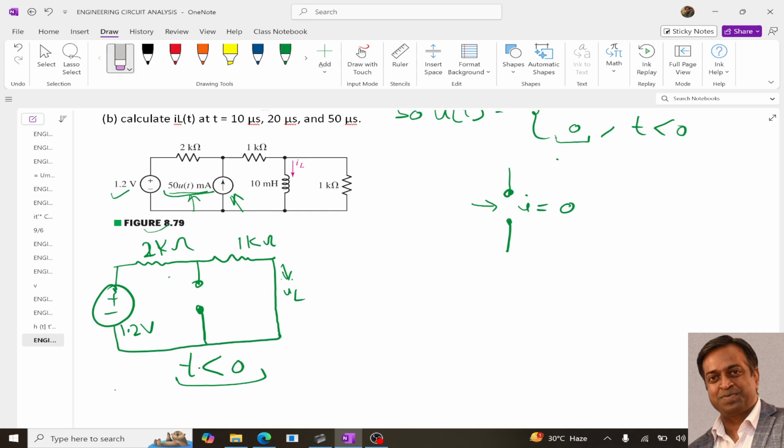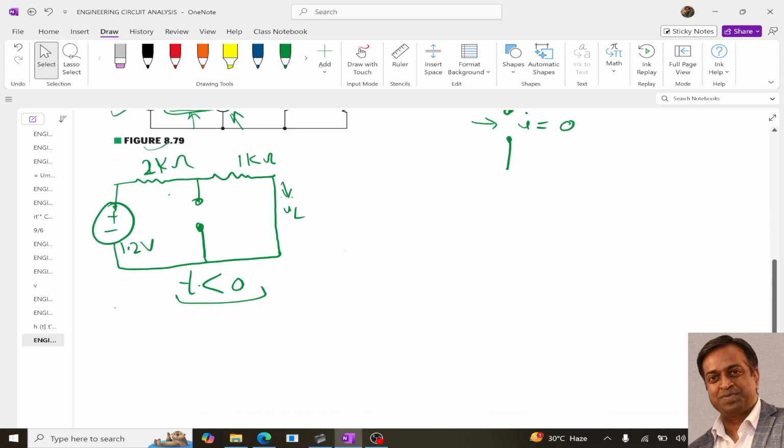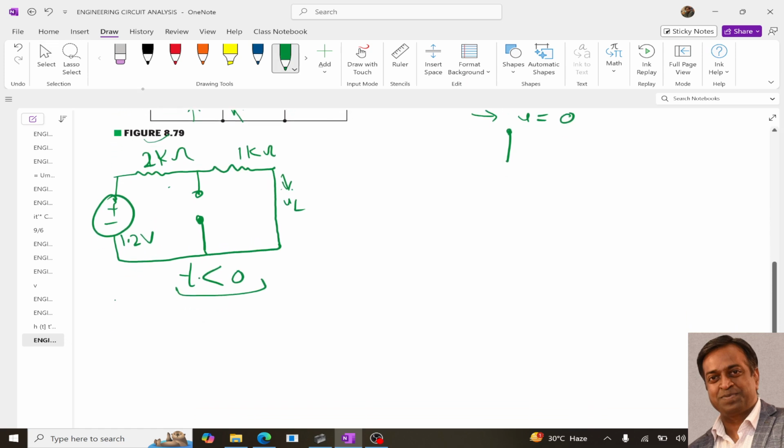From this circuit, if I try to determine the current IL, then IL equals 1.2 divided by, we have two resistors connected in series because this branch is open so we can remove it, so 2 plus 1, so it is 0.4 milliampere. Why milli?